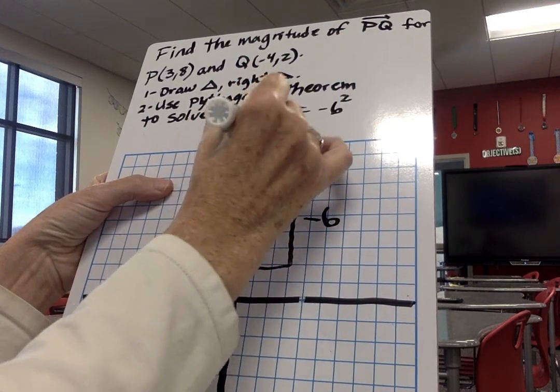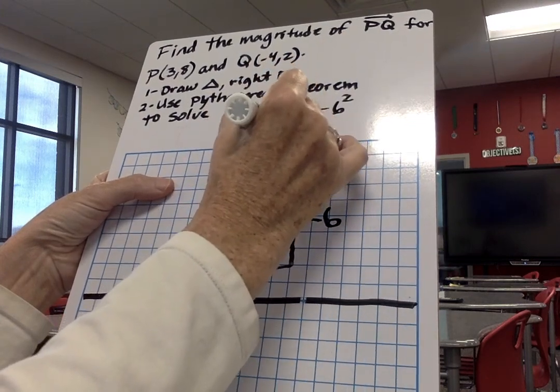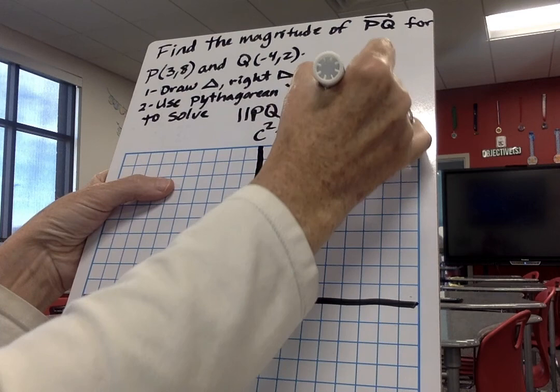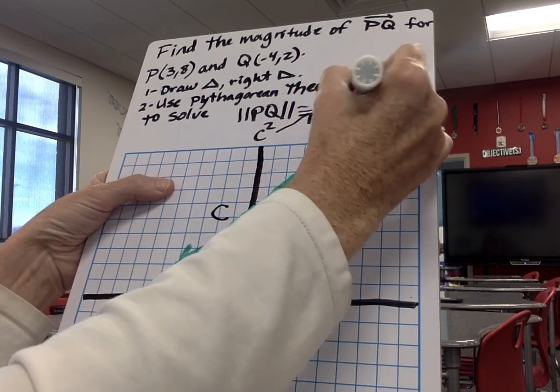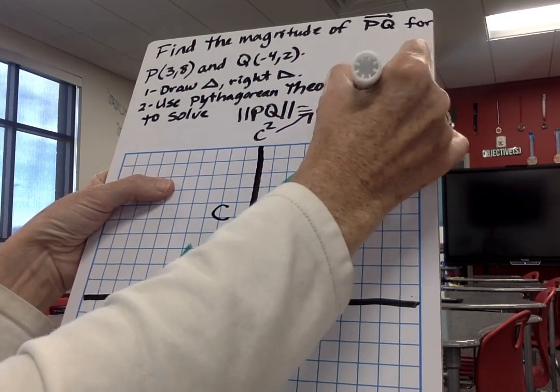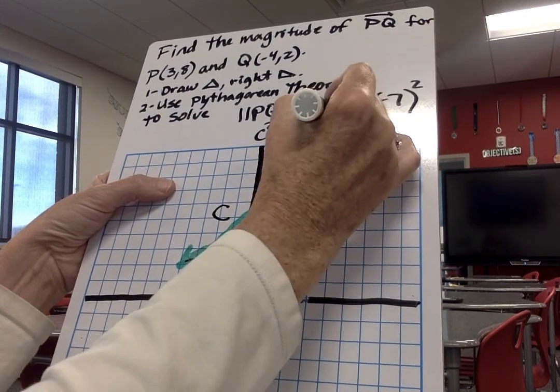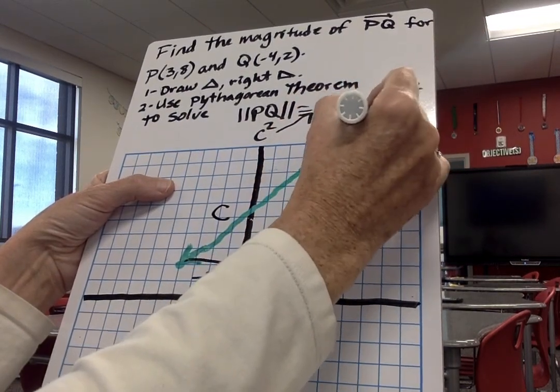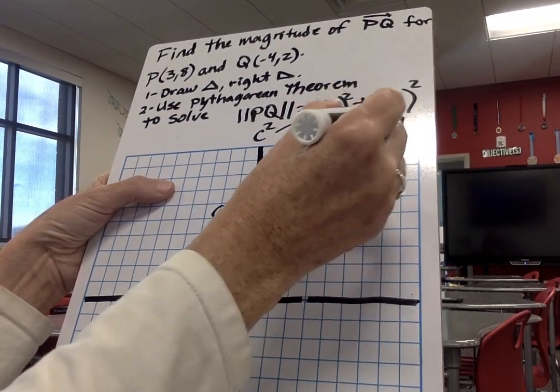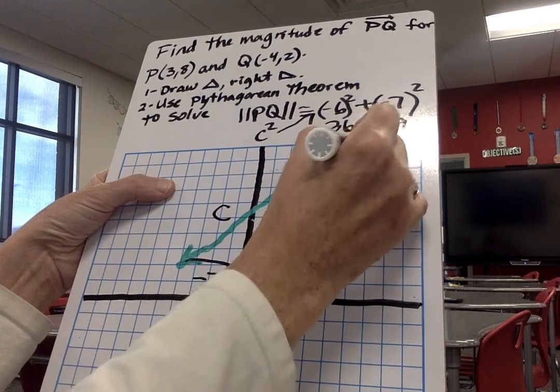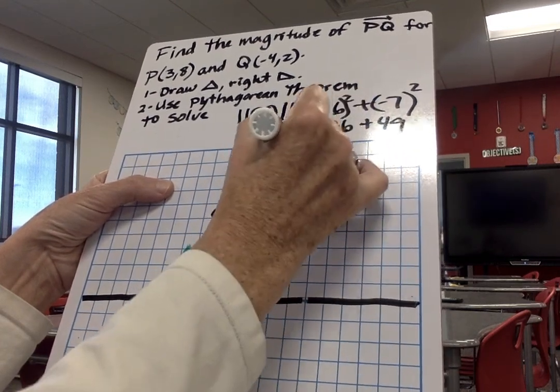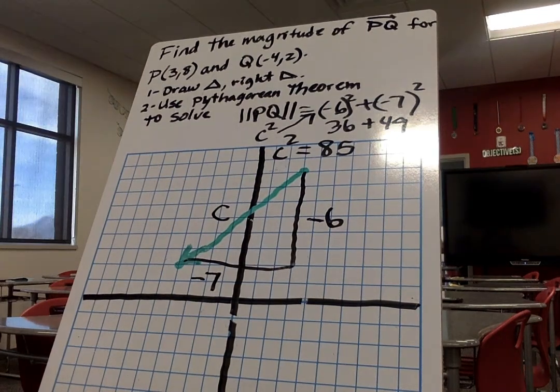Actually, this is going to end up being c squared, equals -6 squared plus -7 squared. So we get 36 plus 49, which is 85. So c squared is 85.